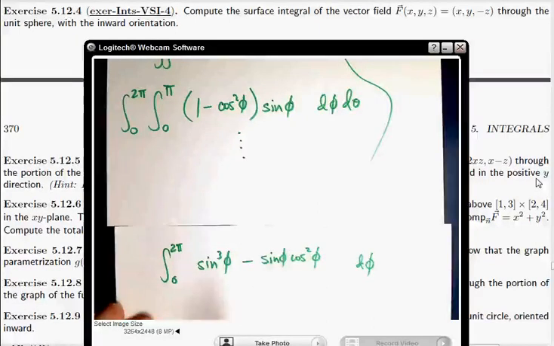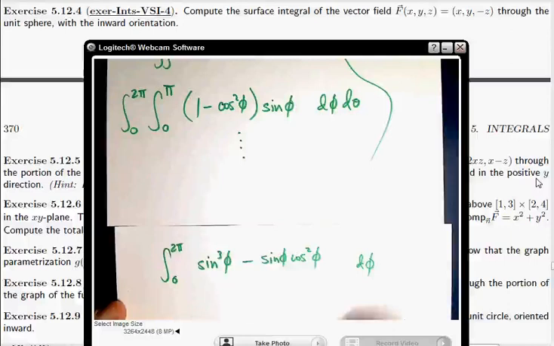You have to persuade the reader that these functions here have odd symmetry over the symmetry line of this interval. In other words, that when you flip over phi equals pi, that these functions flip, and of course the reflection on the phi axis, if that's 0, that looks like a phi, doesn't it?